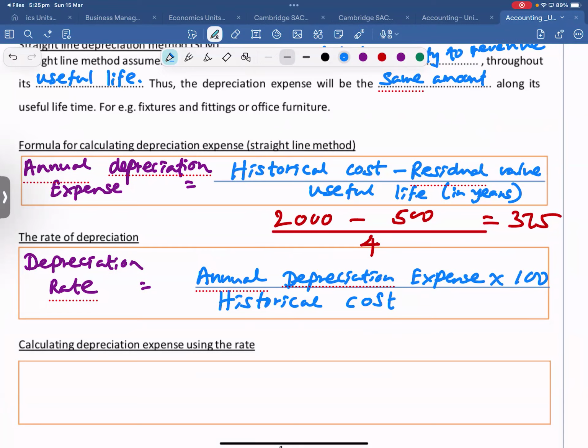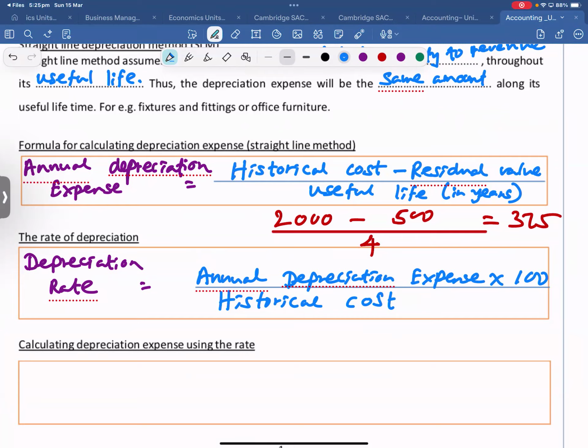Wouldn't it make more sense to use the total depreciable value? No, we don't take the total depreciable value. We take the historical cost.